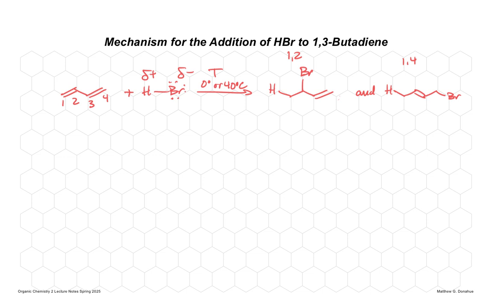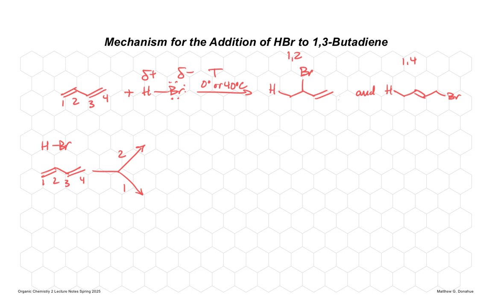Let me slightly redraw this. We can show which one's preferred and why. So down here I'm going to draw 1, and here I'm going to draw 2, which indicates the carbon that gets the hydrogen.